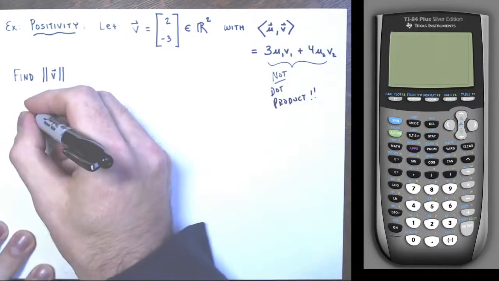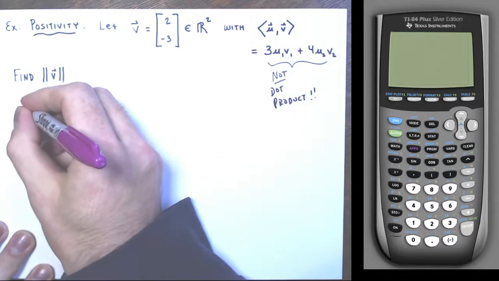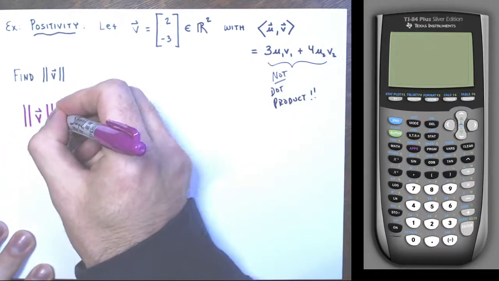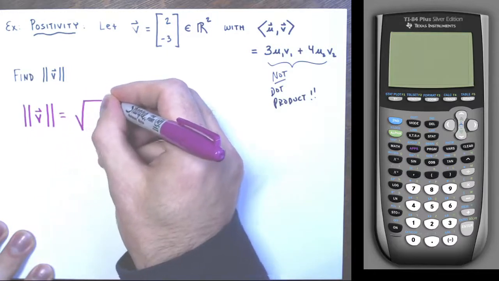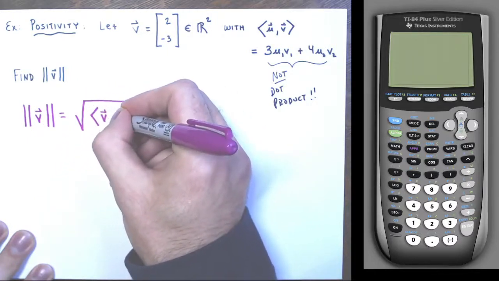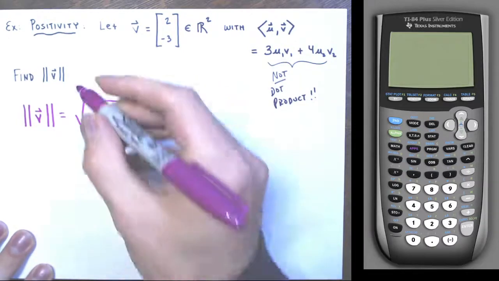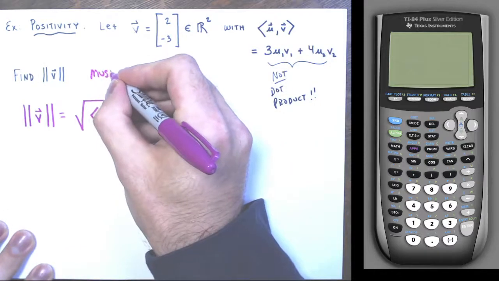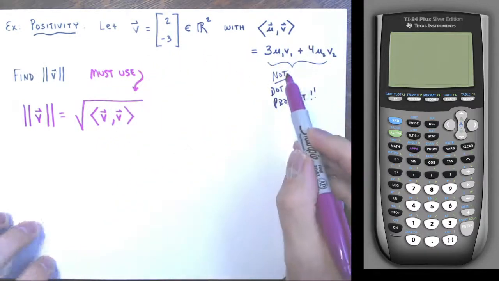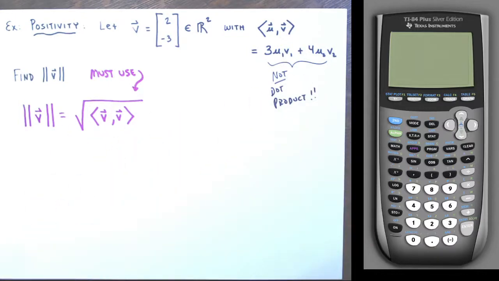We must use this formula. This is how the norm of a vector is defined on any inner product space: the square root of the inner product of the vector with itself. We must use this. And even when the inner product was the dot product, you saw that this formula was holding.